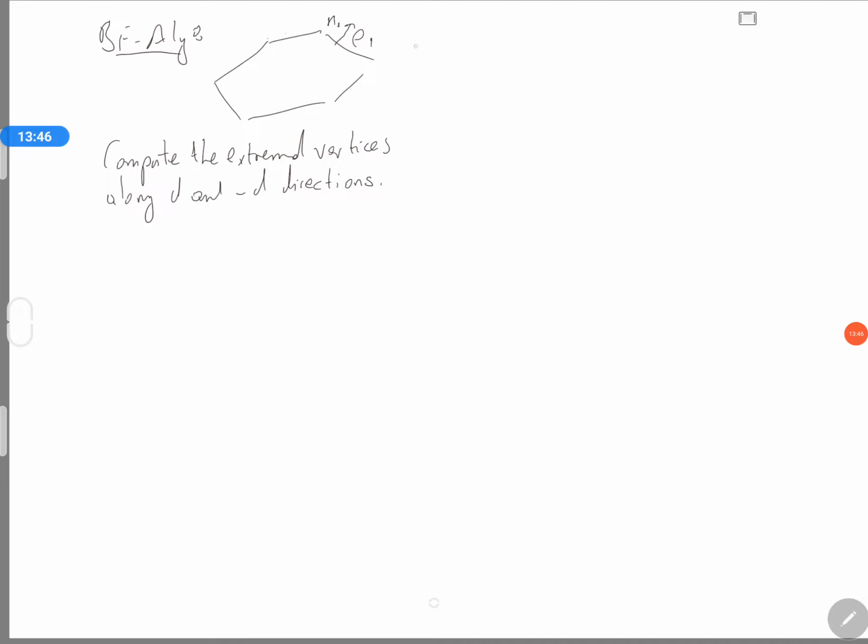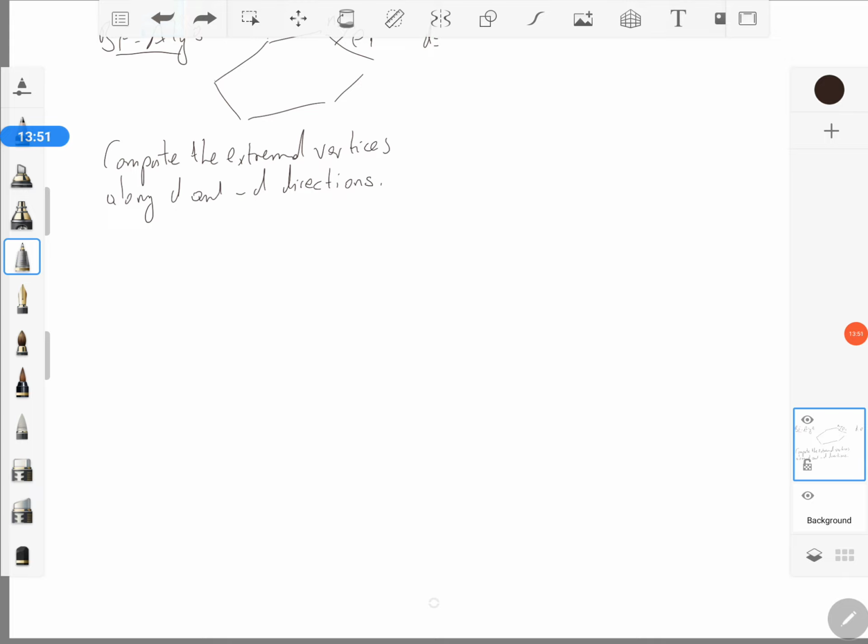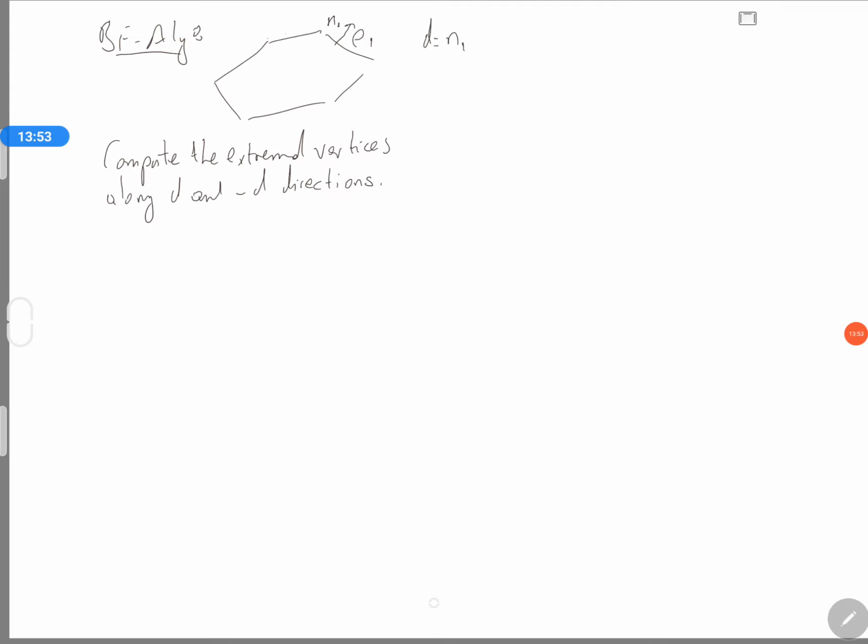So if we select, for example, as our direction vector the vector n1, essentially we don't have to compute the extremal vertices for this edge, because we already know, since we have selected this edge, the extremal vertices for this direction are V1 and V2.